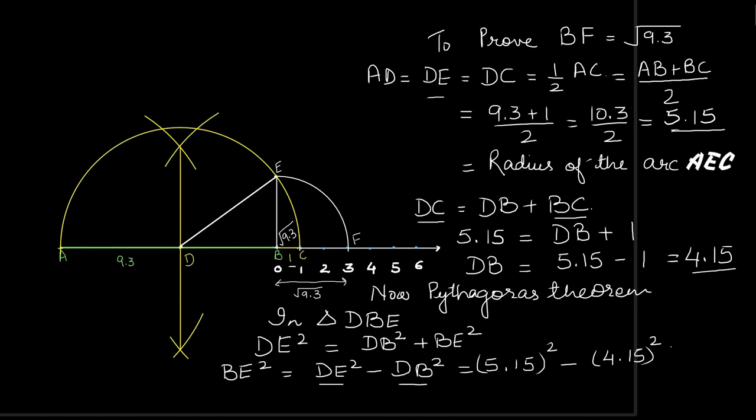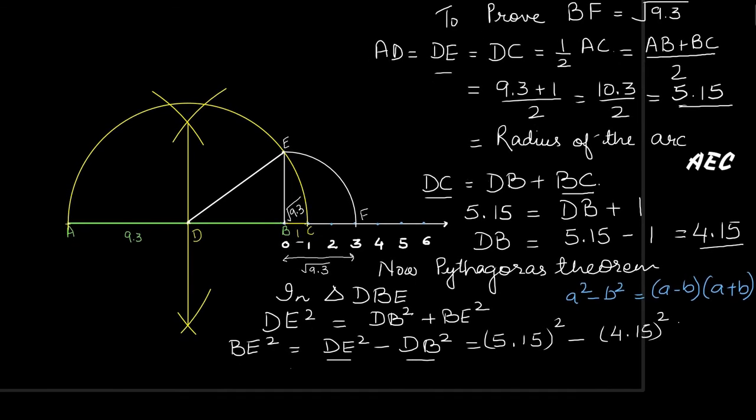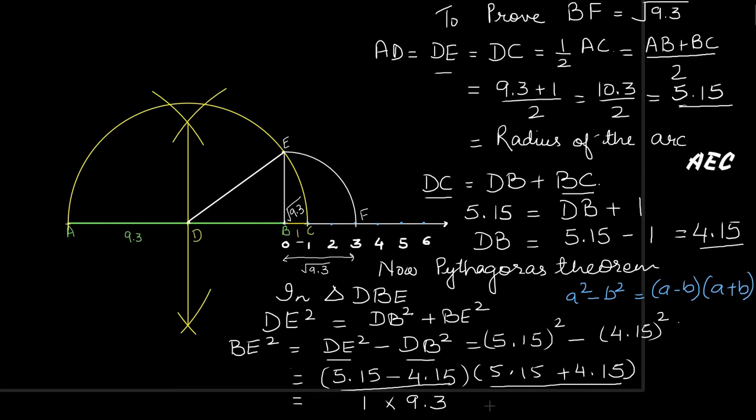This is of the form a square minus b square. Therefore, we'll write BE square is equal to (5.15 minus 4.15) into (5.15 plus 4.15), equal to 5.15 minus 4.15 is 1, into 5.15 plus 4.15 is equal to 9.3.